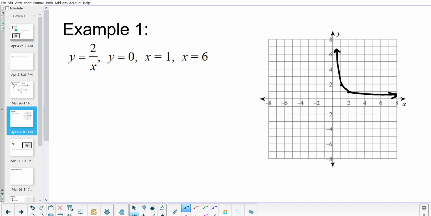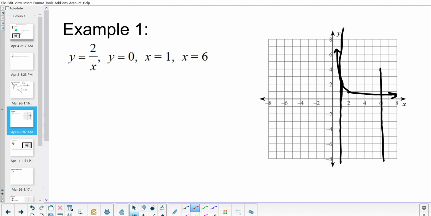Okay, also going to be bound by y equals 0, so the x-axis, x equals 1 and x equals 6. Okay, and then we are going to rotate this around the x-axis.